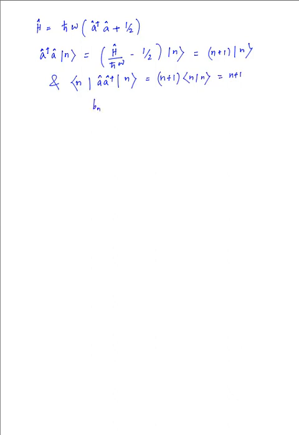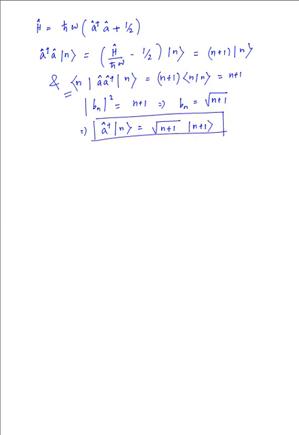Now bn squared is therefore equal to n plus 1, and from that we get the value of bn to be equal to root over n plus 1. Therefore we have the creation operator, or the raising operator as you may call it. Then it was named the creation operator. So that is going to give us the proof that we were seeking.